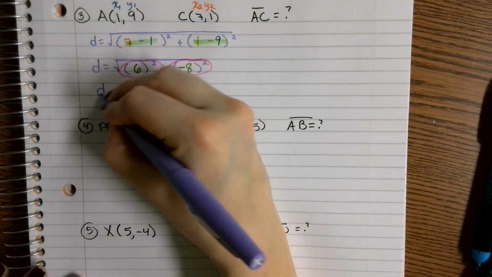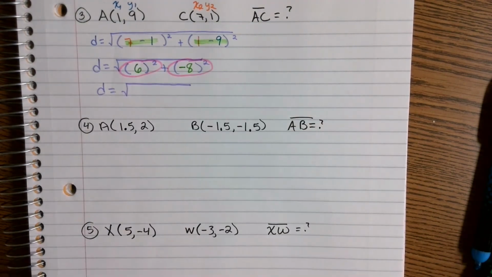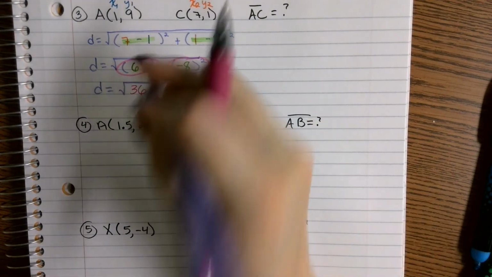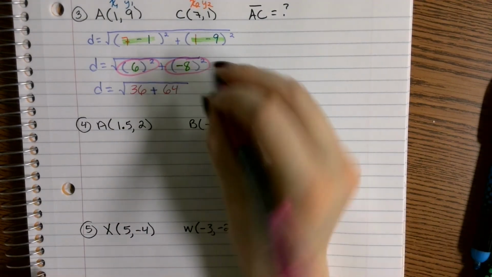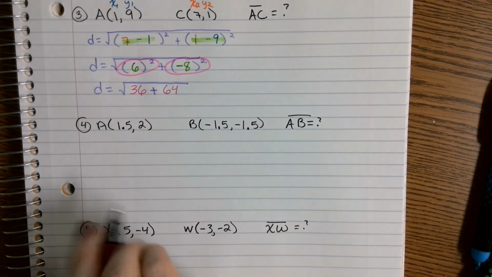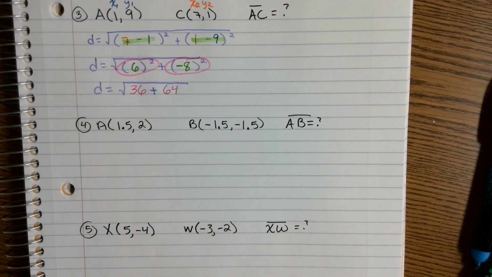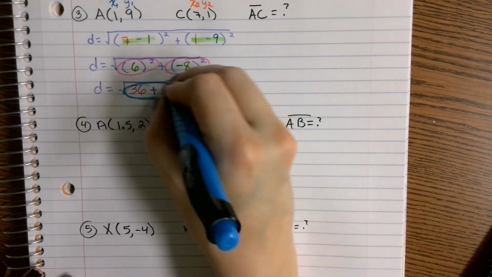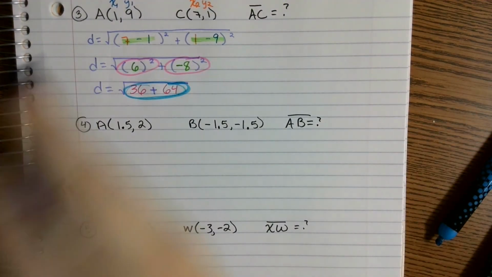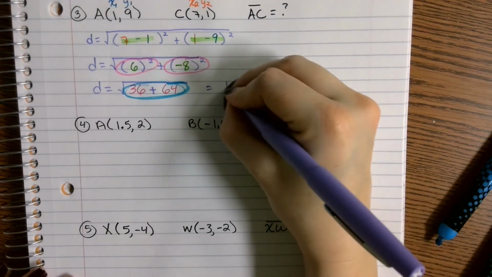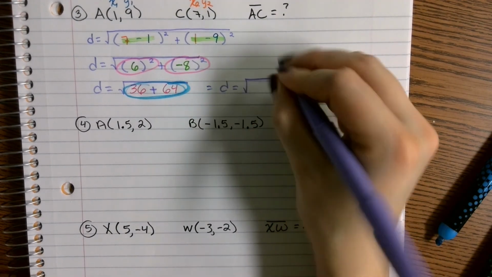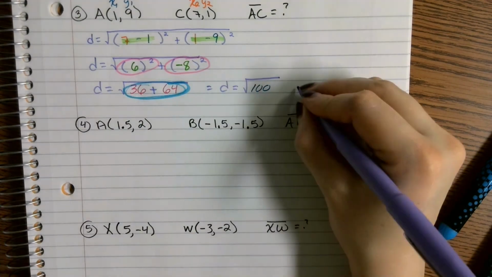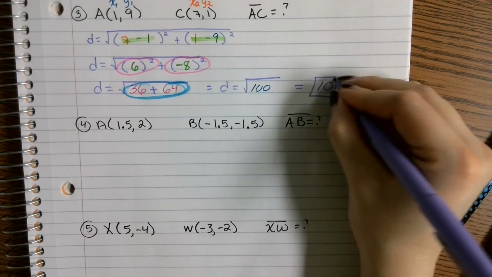So that now gives us the square root of 36 plus 64. It's a positive 64 because a negative times a negative becomes a positive. Then we add these values together. That's going to give us the square root of 100, and the square root of 100 is just 10.